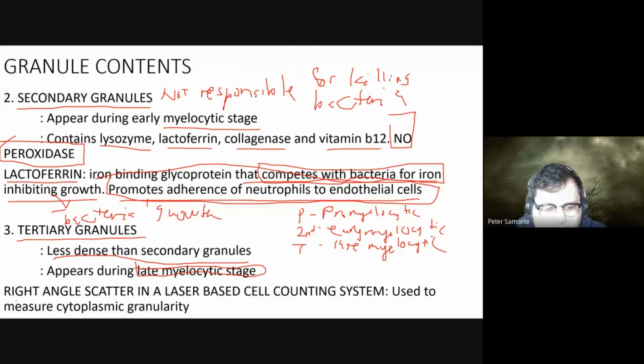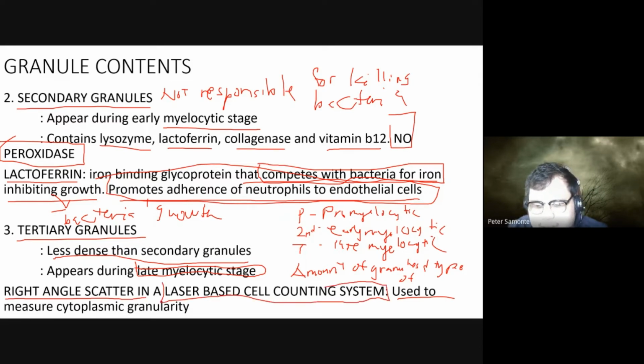Now, your right angle scatter in a laser-based cell counting system is used to measure cytoplasmic granularity. So let's say you want to know the amount of granules and type of granules for each cell. Which has more: the primary, the secondary, or the tertiary? When you want to know that, you would be using a right angle scatter in a laser-based cell counting system.